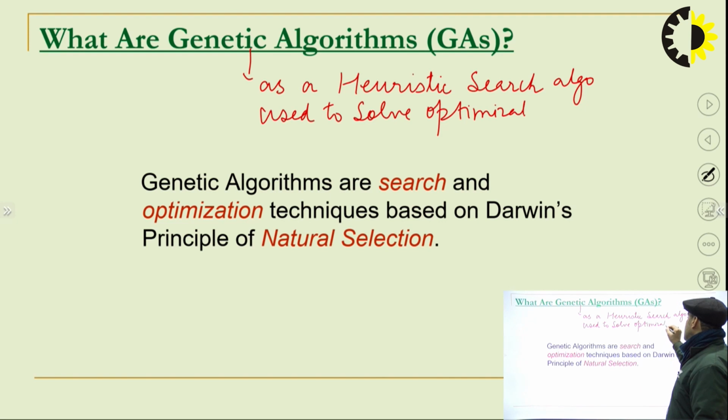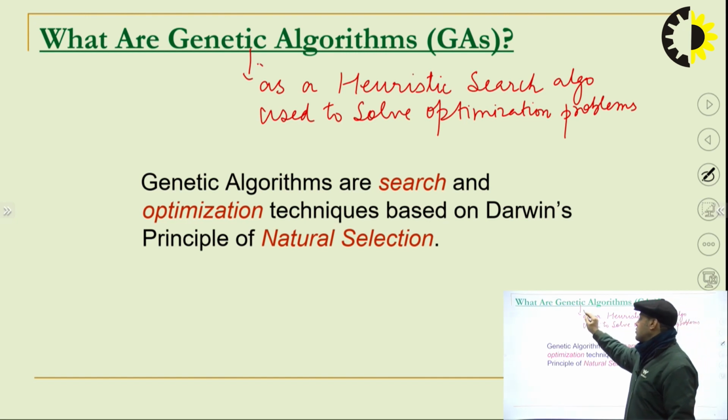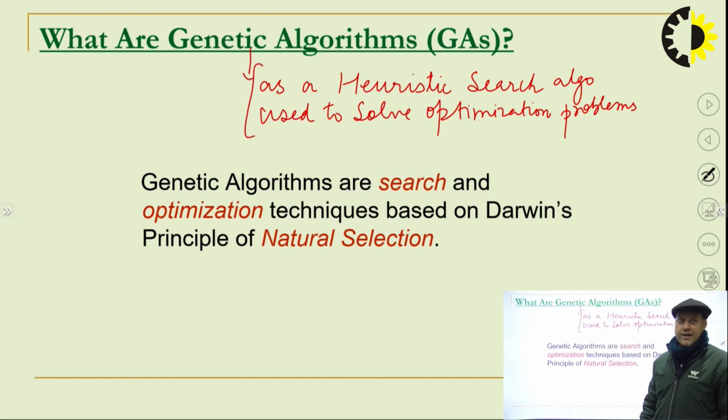This is the definition that we will use: a genetic algorithm is defined as a heuristic search algorithm which is used to solve optimization problems.